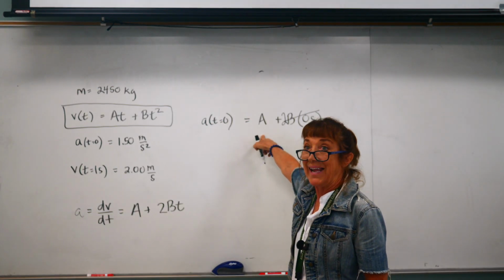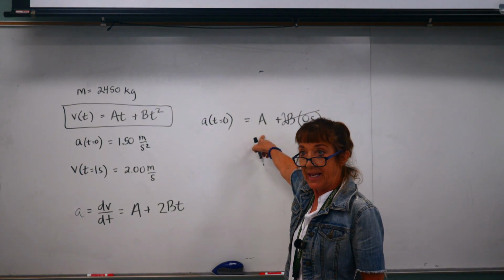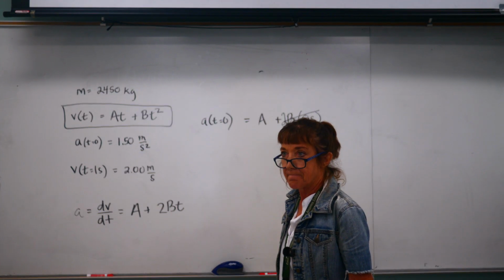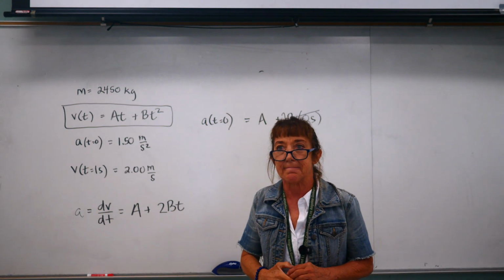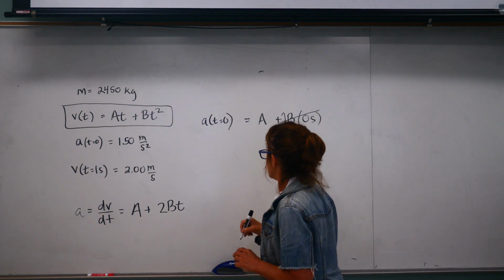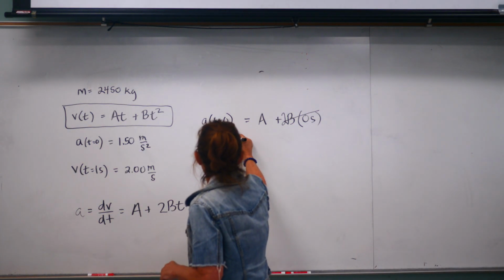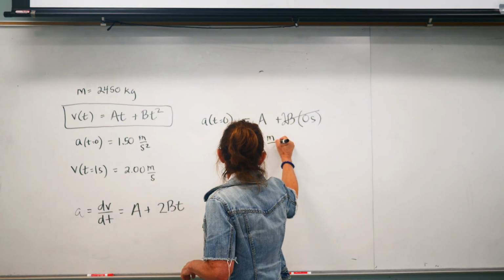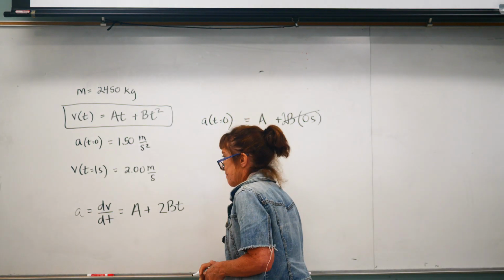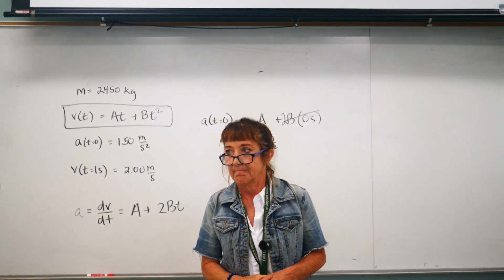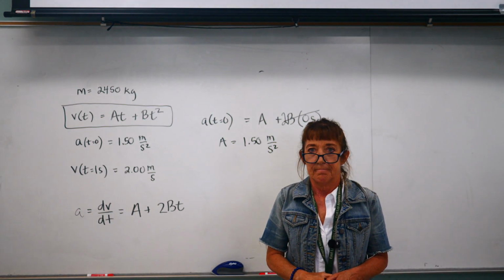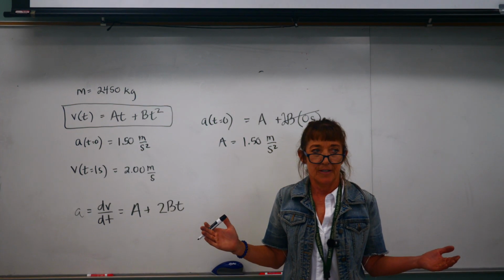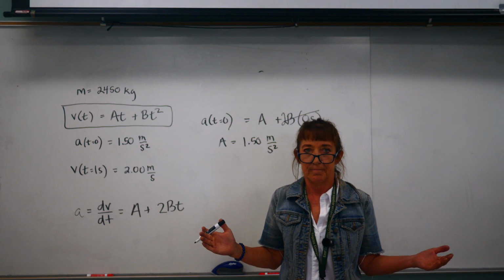And so I know a at t equals 0 is 1.5 meters per second squared. So now I know big A. Everybody see that? So A equals 1.50 meters per second squared. Is that clear? Okay.